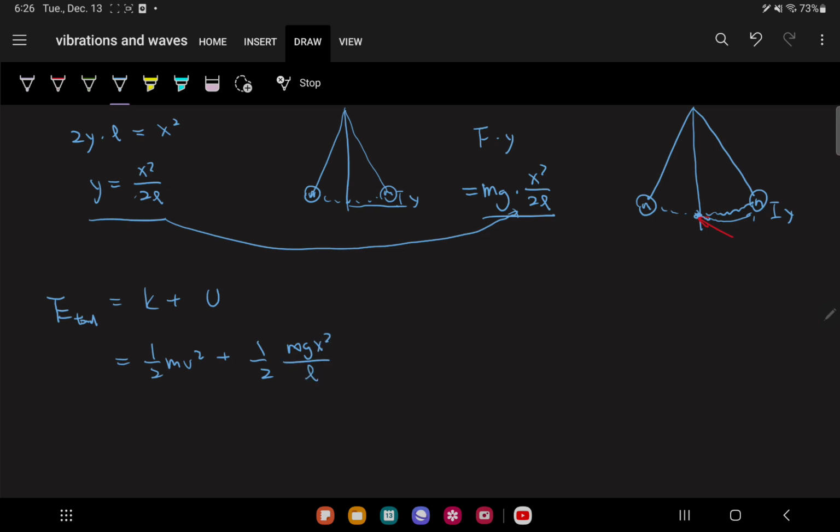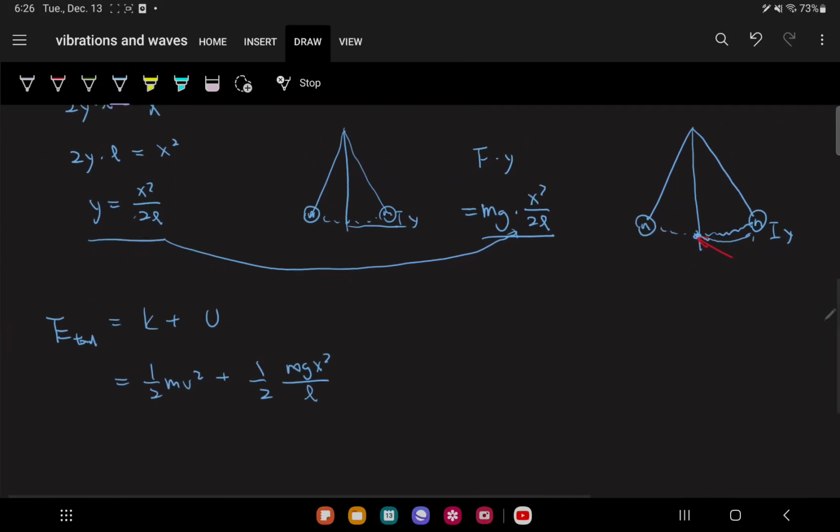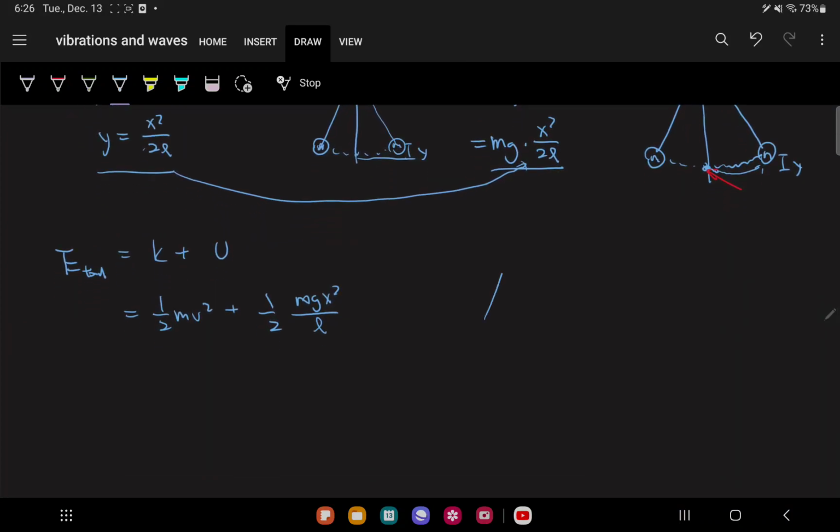Yep. Right? And then remember at the turning point of the motion, if we draw the diagram again, it's going to be like this, m goes back and forth, right? So at this point of the motion, x is going to be equal to, let's call this amplitude A. So at this point where x is equal to A, the potential energy is the maximum, right?